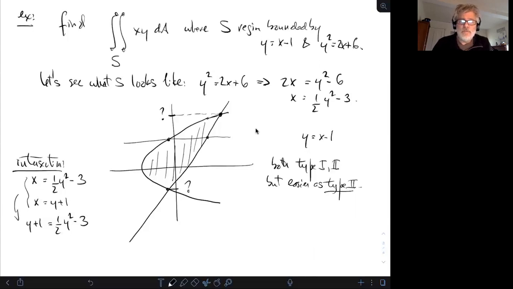Can it still be a type 1 if on the left the slice touches the same function and not both? Yeah, so it is type 1, but it's a real mess to express it as a type 1. Let me explain a little bit more if you wish. So the parabola, what you'd have to do is find an expression for the bottom part of the parabola and find an expression for the top part.